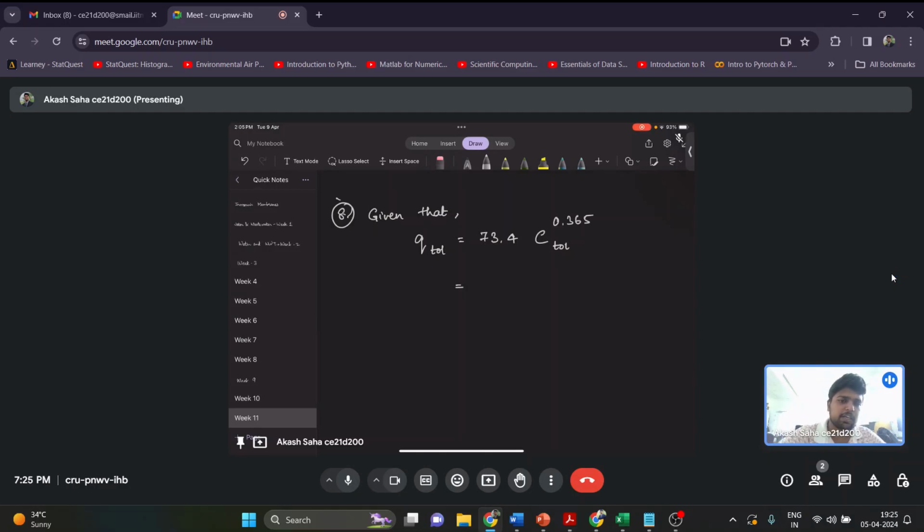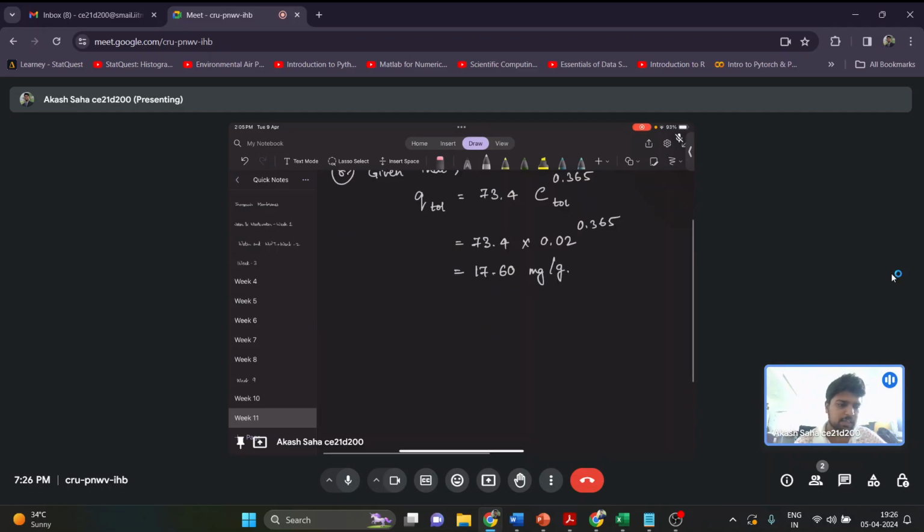So the value of C toluene, that is the equilibrium concentration or the final concentration, is given as 0.02. So 73.4 times 0.02 to the power 0.365. Okay, so if we solve this, we will get 17.60 milligram per gram. So Q toluene is nothing but 17.60 milligram per gram.